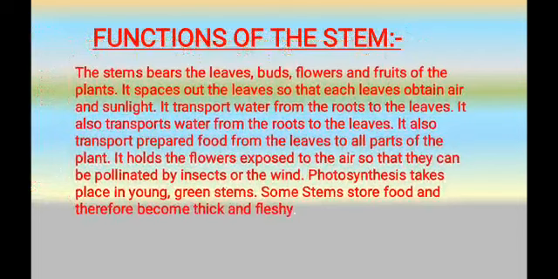We are supported by our backbone, same thing. The plant body is also supported by the stem. And the stem bears the leaves, buds, nodes, flowers. All of these are the bearing parts of the stem.